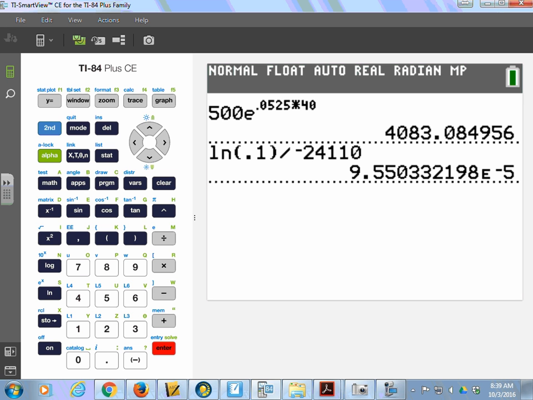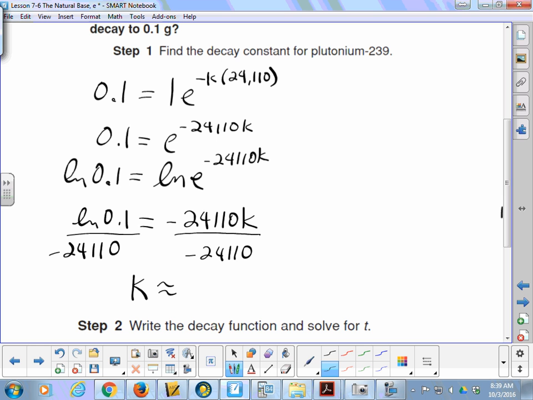Okay, what is that number? So we have to move the decimal place 1, 2, 3, 4, 5. So we have 4 zeros. So it's approximately 1,955. There's our decay constant.